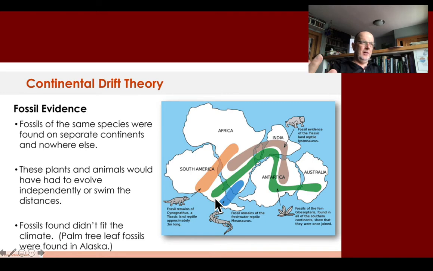How could a single plant's remains have been deposited on all these different portions of the Earth that are so far apart from each other if they were not at one point connected? There's no other explanation. Then you have the fossil remains of a freshwater reptile, Mesosaurus. Well, how does that reptile get from Africa to South America across the great Atlantic Ocean basin?